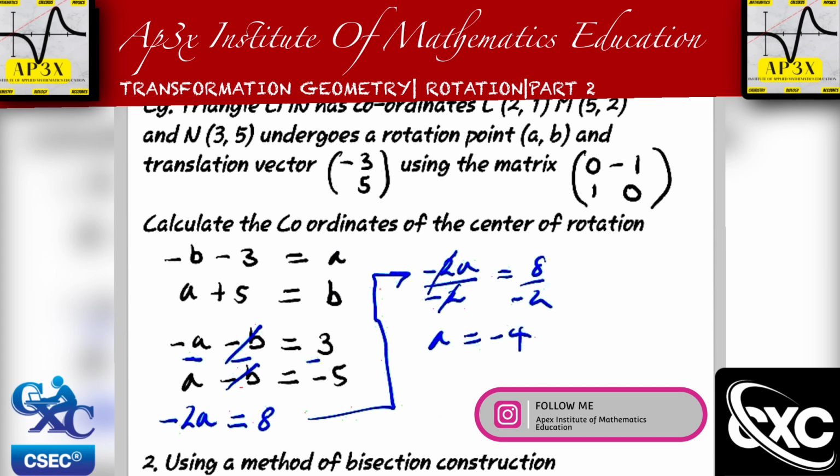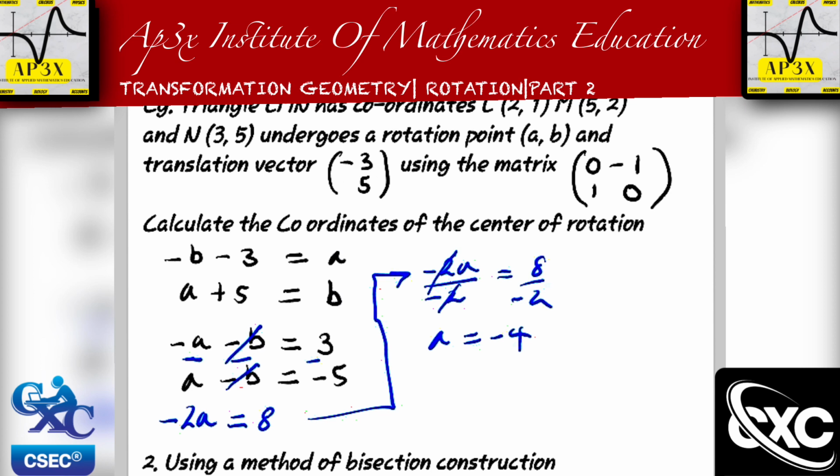That means the x coordinate of our center of rotation is minus 4. Now we're going to go ahead and sub negative 4 into, of course, equation 1 or 2. I'm going to just use equation 2 here. So I'm going to put minus 4 where A is.